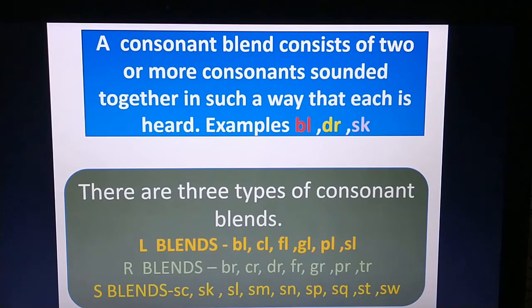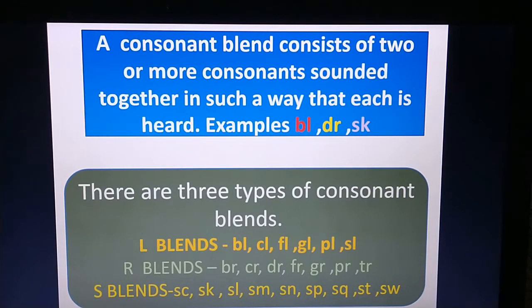So when we blend, ska. So in phonics we learn to speak, pronounce the words, and which helps us to read also. If you learn about the consonant blends, then you can read correctly and pronounce the words correctly.